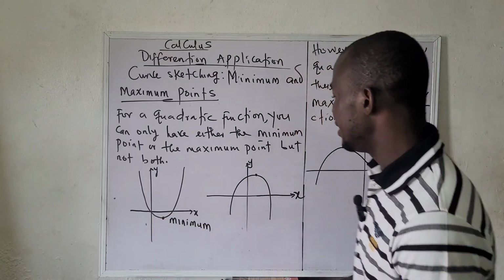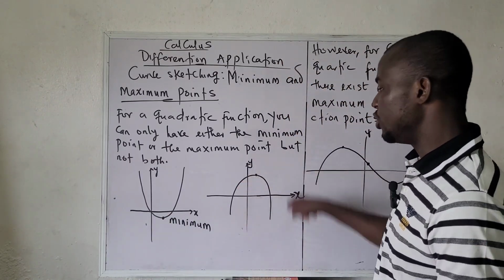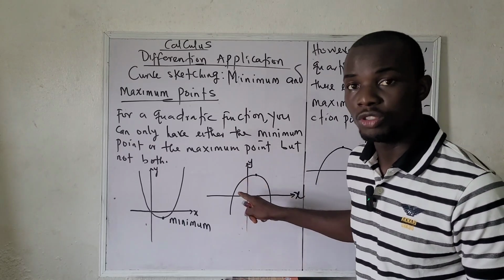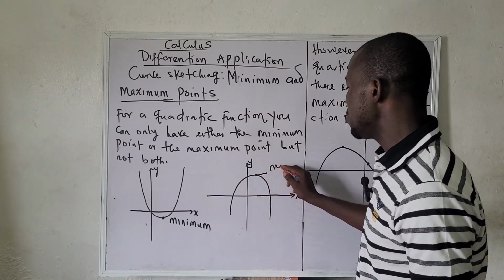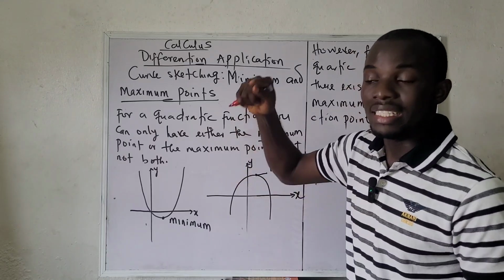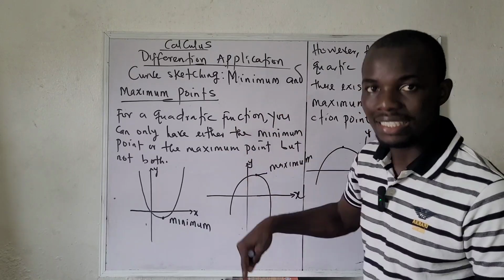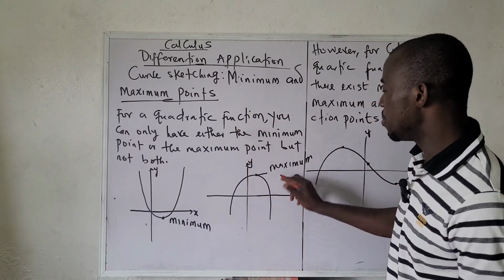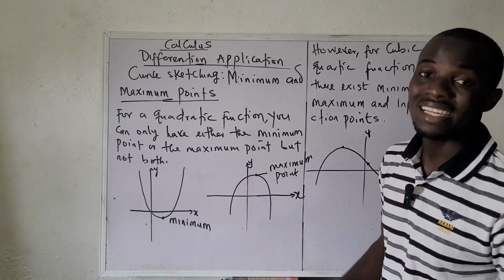All right, and then we also have this. When you have a graph like this and it's going the other way around, you definitely know that you're going to have a maximum point. The maximum point is the highest point the curve can get to before descending. That is what the maximum point is all about, and it corresponds to a y value and an x value.